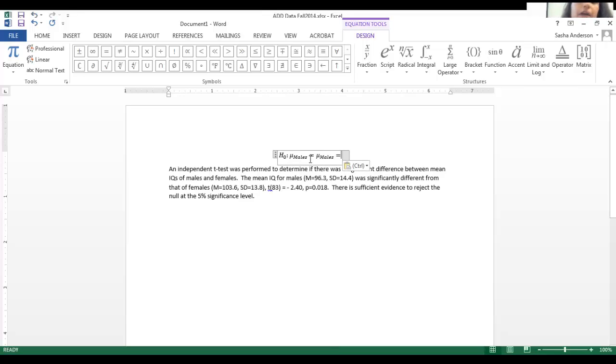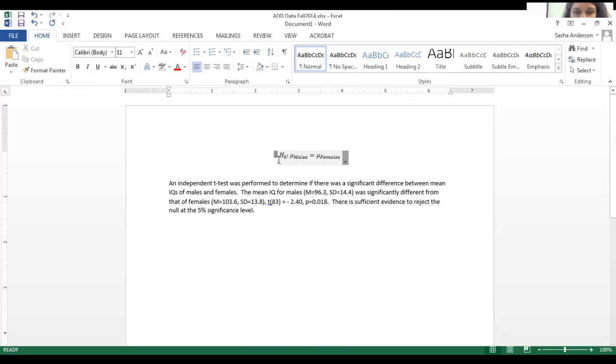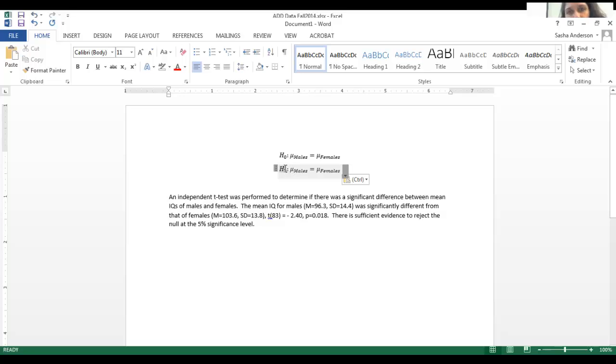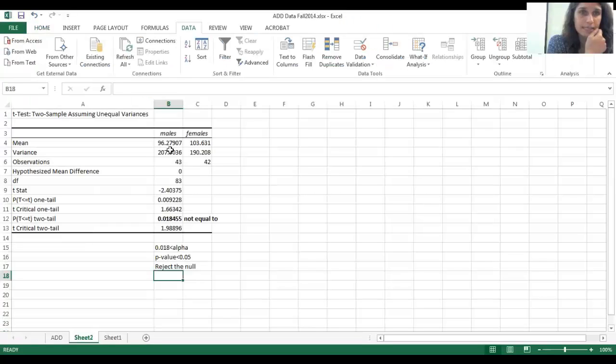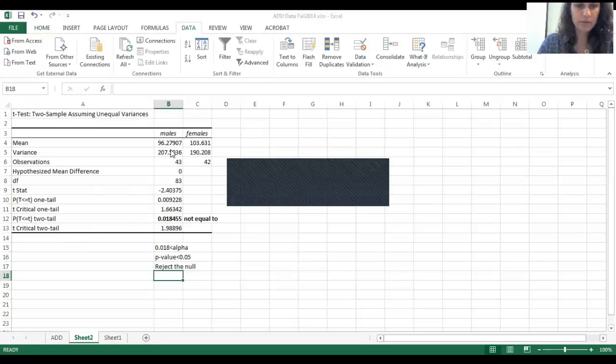And in fact, what we found is that the mean IQ for males, and I'm going to write M, which is usually X bar, but that's the mean in APA format. It's 96.3, so M equals 96.3.